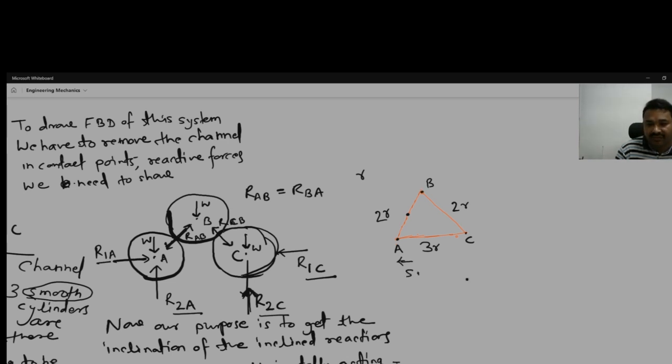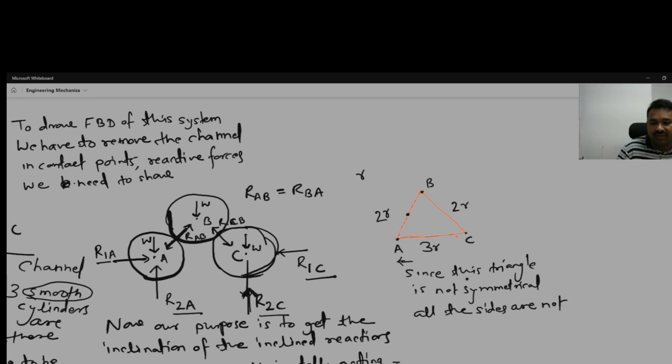Since this triangle is not symmetrical, means all the sides are not of length 2R.